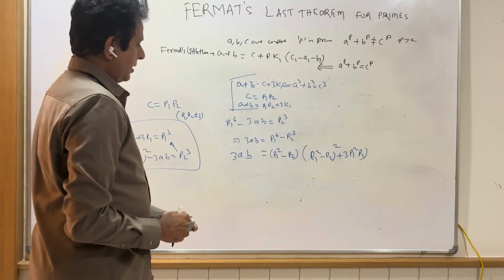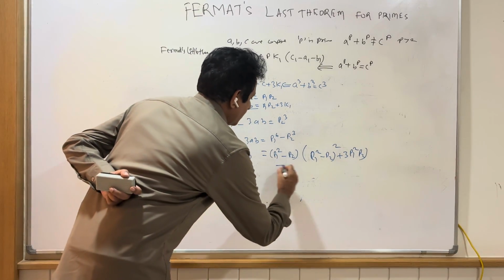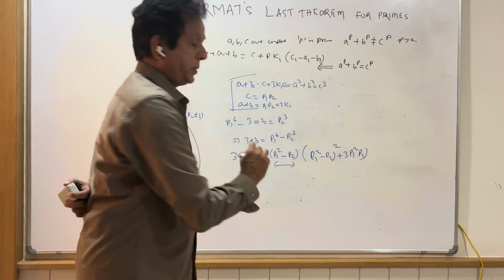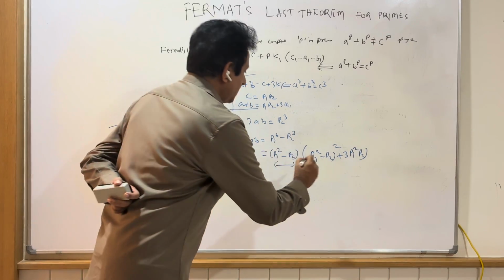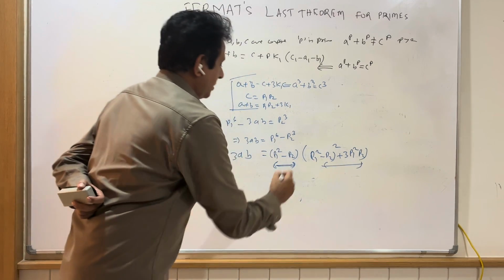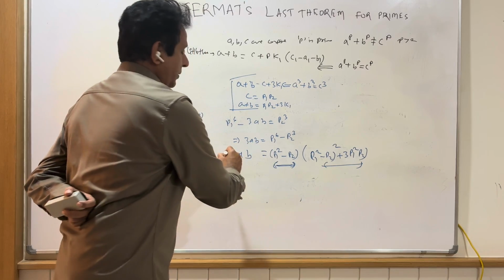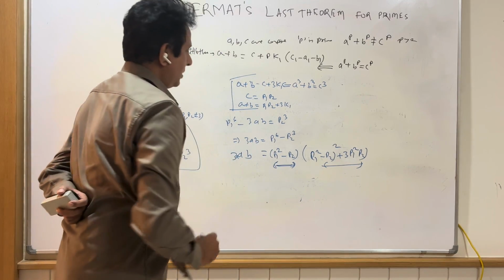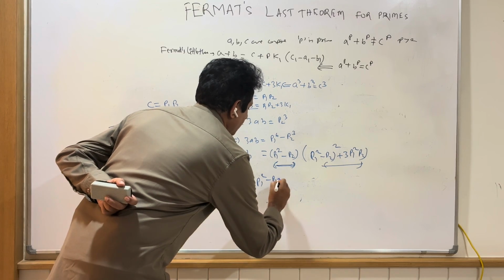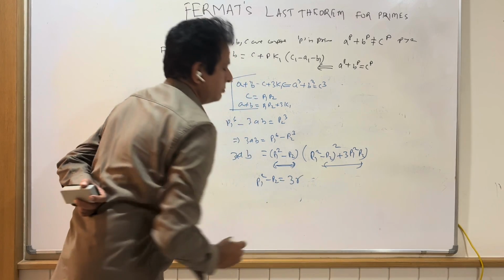So now see this, let us assume that p1 square minus p2 is not a 3 multiple. What this means is that this is not a 3 multiple, this is not a 3 multiple. So the left hand side is actually 3 into ab. So what this means is that p1 square minus p2 must be a 3 multiple.